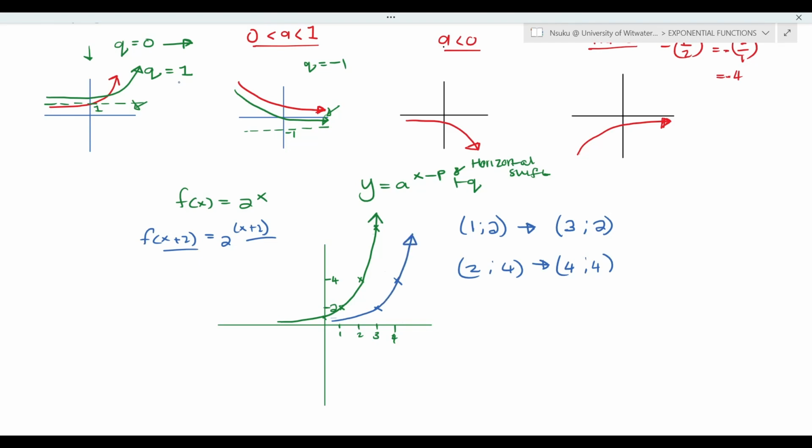So basically when we have a positive p value, our graph will shift to the right. And we can assume that when we have a negative p value, our graph will shift to the left. So I'm just going to write that. If p is greater than 0, our graph will shift to the right.